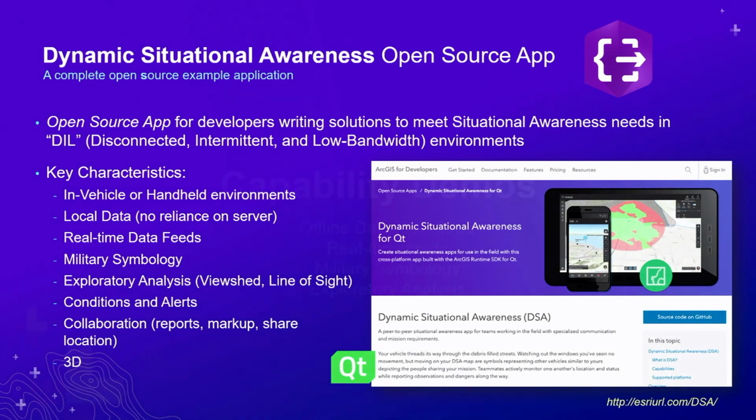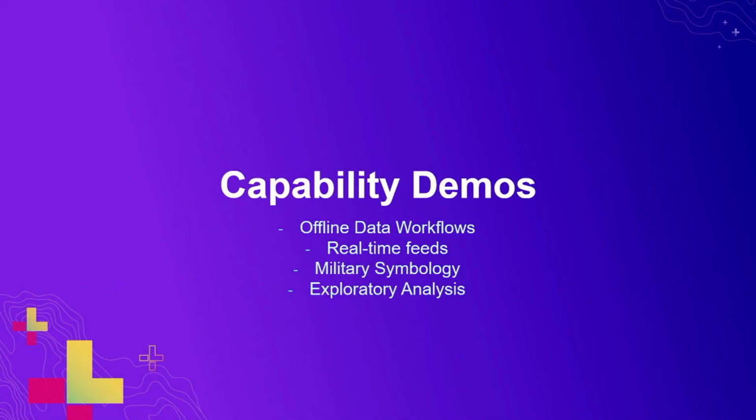So those capabilities that we're going to talk about, there's 4 of them. The first one is offline data workflows. So how to get your maps onto your device and then work with them locally. Working with real-time or near real-time, highly dynamic feeds of information, how to make that information come alive in your runtime app.